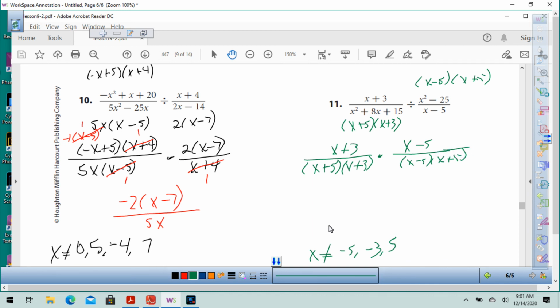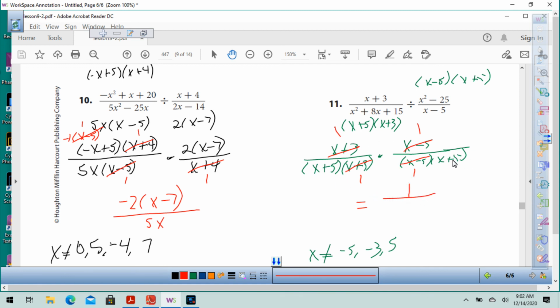All right, what can we get rid of? Let's see here. x plus 3, that's a 1, and that's a 1. And then we can get rid of x minus 5 and x minus 5. And what are we left with? We're left with 1 times 1, that's just 1.